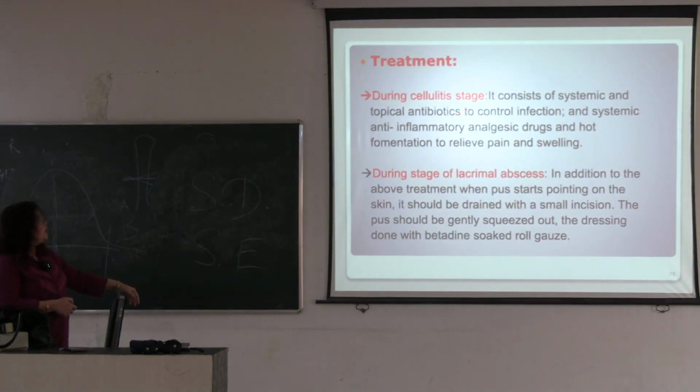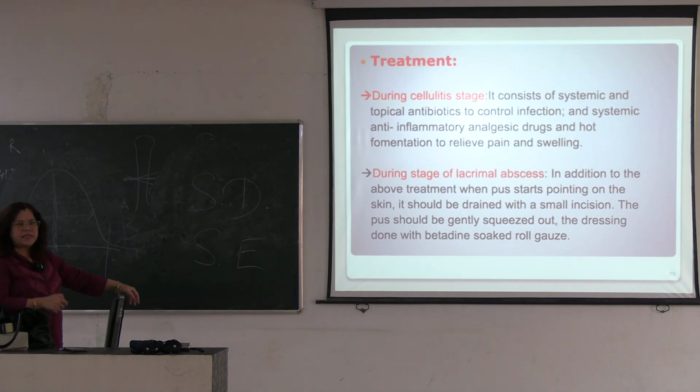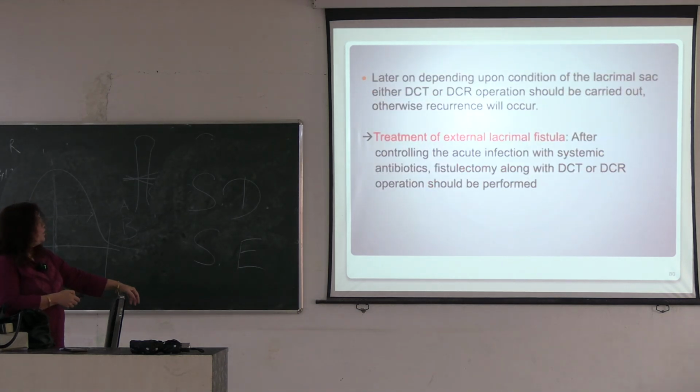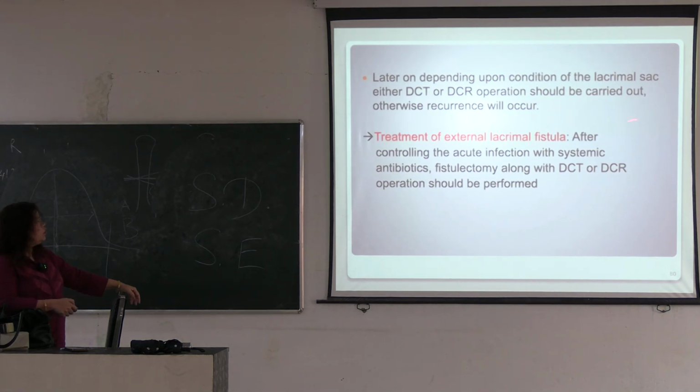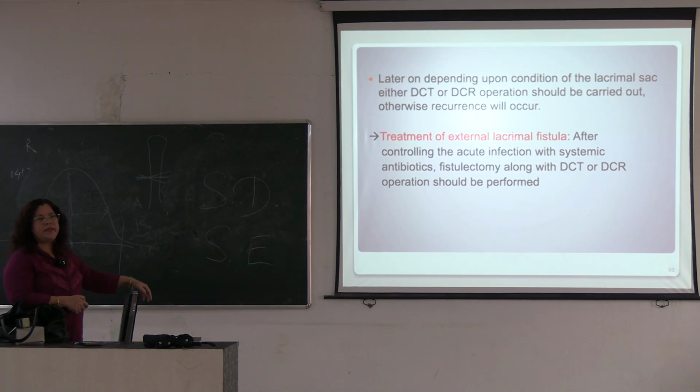In the acute cellulitis stage, broad spectrum antibiotic drops and systemic antibiotics are given, anti-inflammatory analgesic drugs are given for pain, and hot fomentation is done. Then in the stage of lacrimal abscess, incision and drainage is done. And when a fistula is found, then fistulectomy is done.